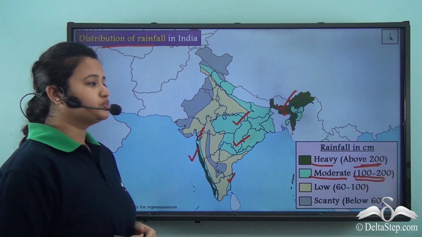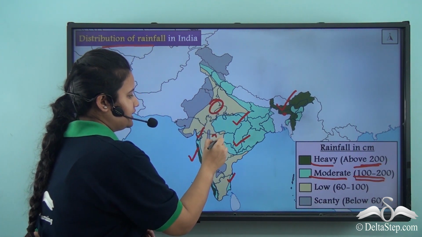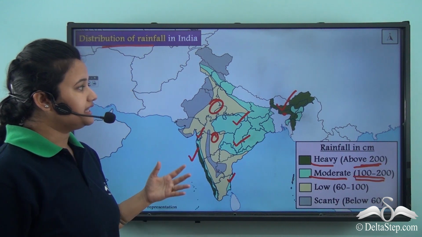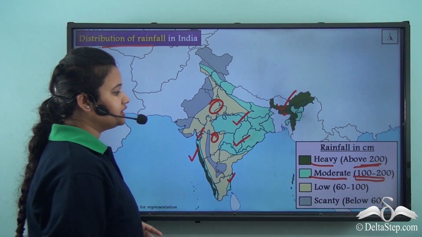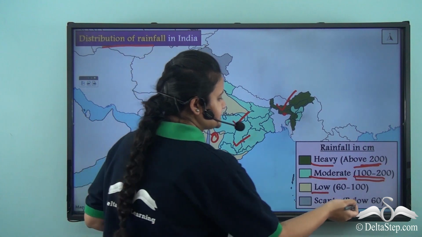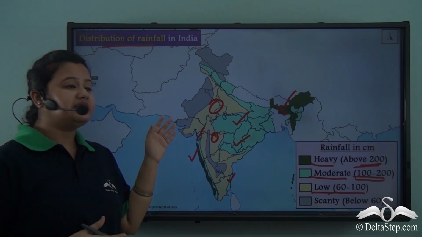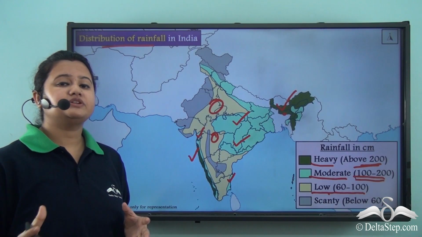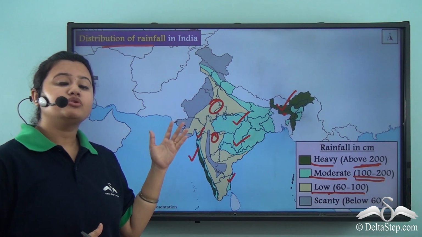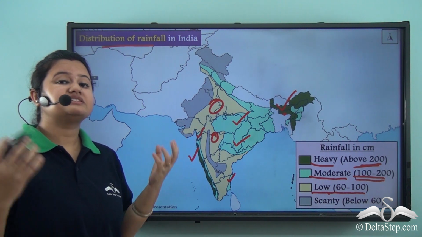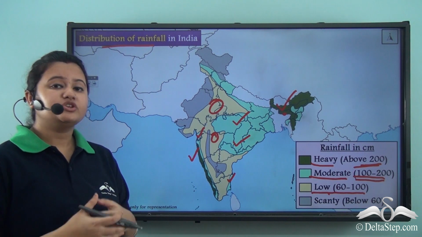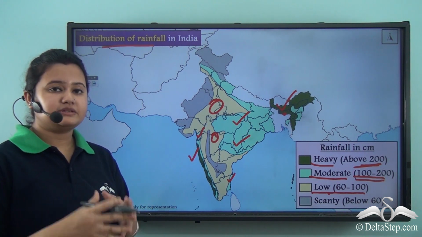Now, if we move towards the interior parts of the country, then we shall find that here the amount of rainfall is quite low, about 60 to 100 centimeter. Well, these regions receive low precipitation because by the time the monsoon winds arrive at these regions, their moisture content decreases, which is why they receive little precipitation.